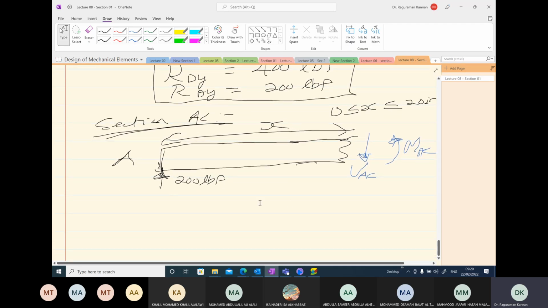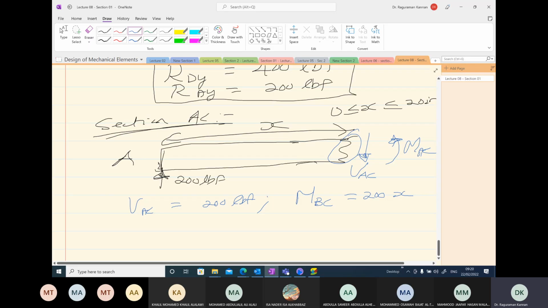Okay. Find the reaction forces. VAC should be equal to 200. Take moment about the right end. MAC must be equal to 200 times x. That's it.